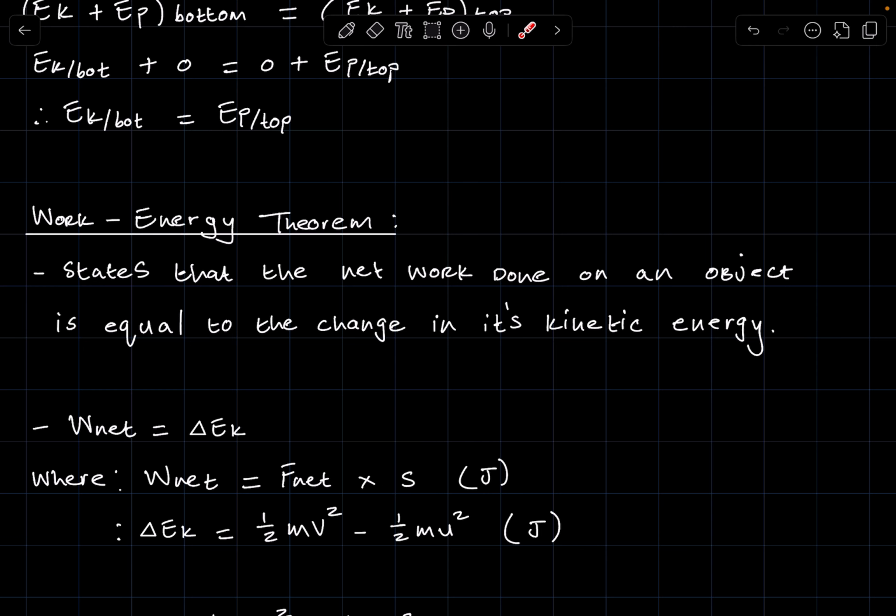Now, in the same sense, remember what kinetic energy is. Kinetic energy is the energy an object possesses due to its motion. So the fact that you apply a force and the object displaces, as it moves from where you push it to where it lands, there is also a change in kinetic energy.